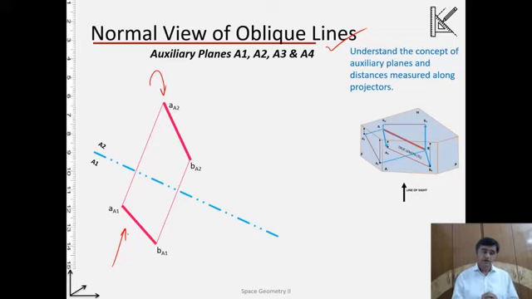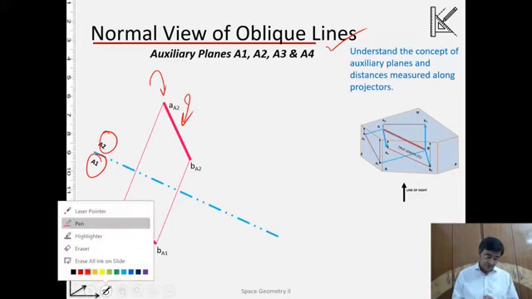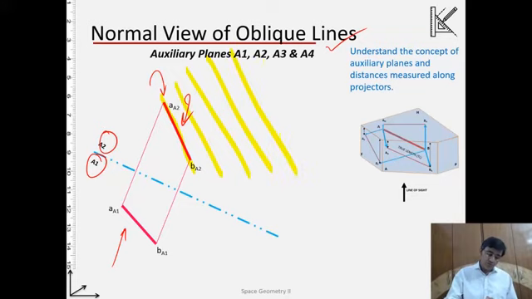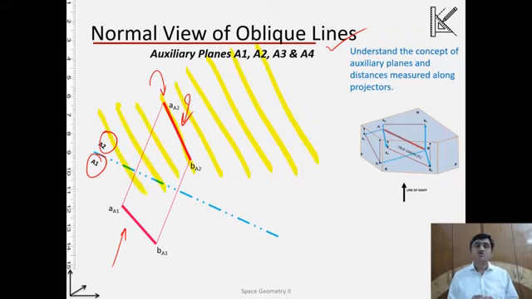How we handle it? Well, as we said, that's the A1 and A2. On A2 we know the projection. So with the help of the A2, I will locate the auxiliary plane. So the edge view of the auxiliary plane is parallel to the projection. So what is the meaning of this? I have the projection here. So anywhere can be the edge view of my auxiliary plane.